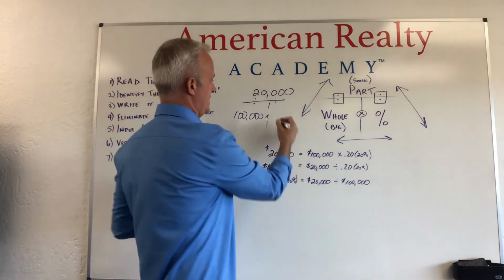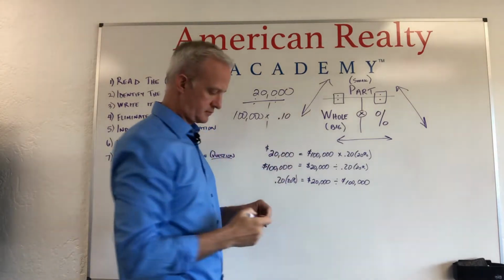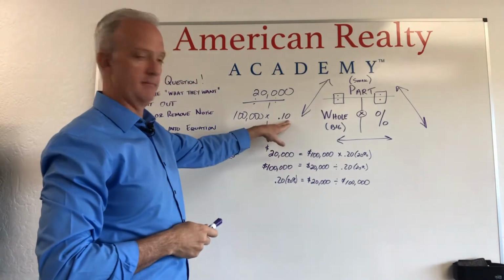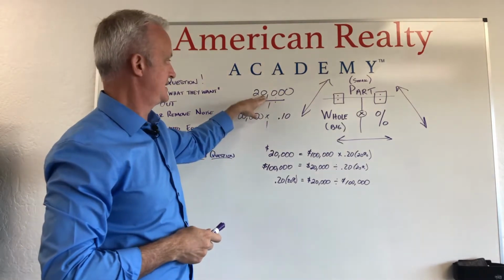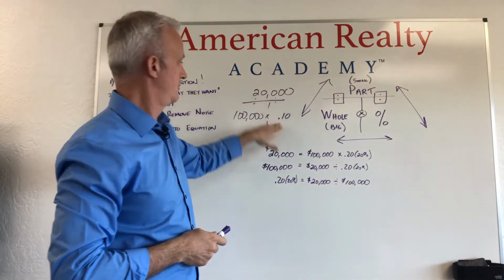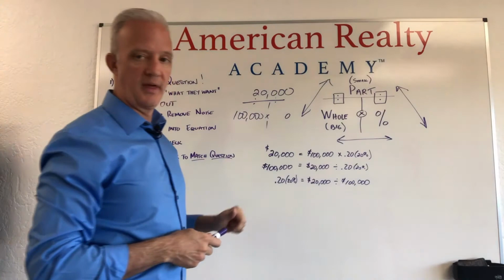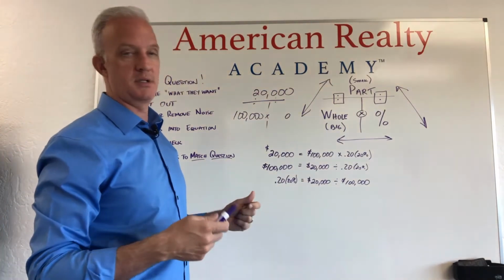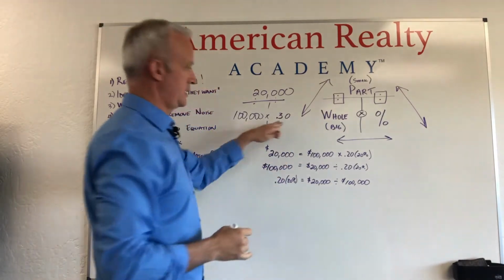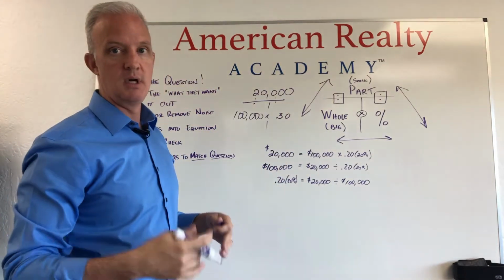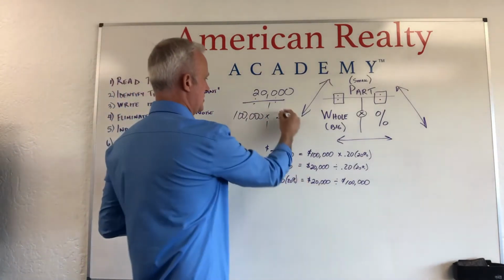They gave me 10%, that's 0.10. Plug it in. 100,000 times 0.10 is 10,000. It doesn't match. That's not right. If one of the other answers that they gave us was 30%, well, I'm going to plug it in. 100,000 times 0.30, that's 30,000. It still doesn't work.